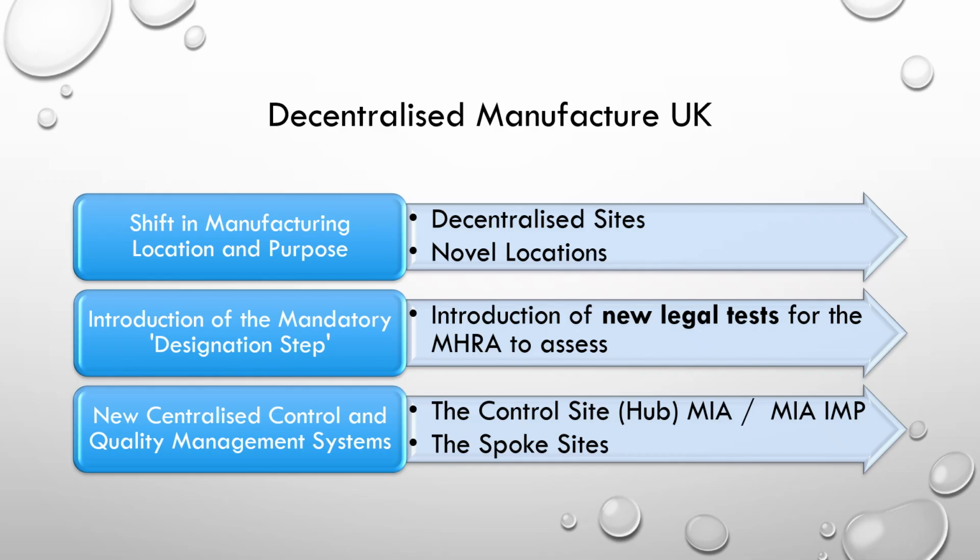And basically you have this centralized control site, which is mentioned on your manufacturing authorization, your MIA, or your MIA IMP for your investigational medicinal products. And then you have the spoke sites, which are where the decentralized manufacturing occurs, and these spoke sites are under the control of the holder of the MIA.